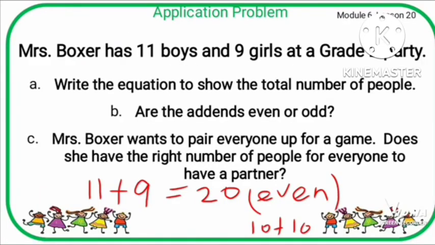Here's an application problem. Mrs. Bossa has 11 boys and 9 girls at a grade 2 party. Question. Write the equation to show the total number of people. Are the addends even or odd?